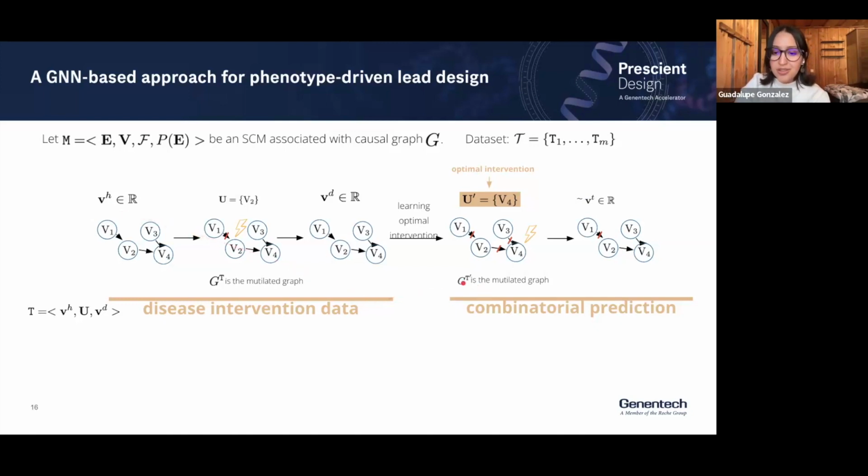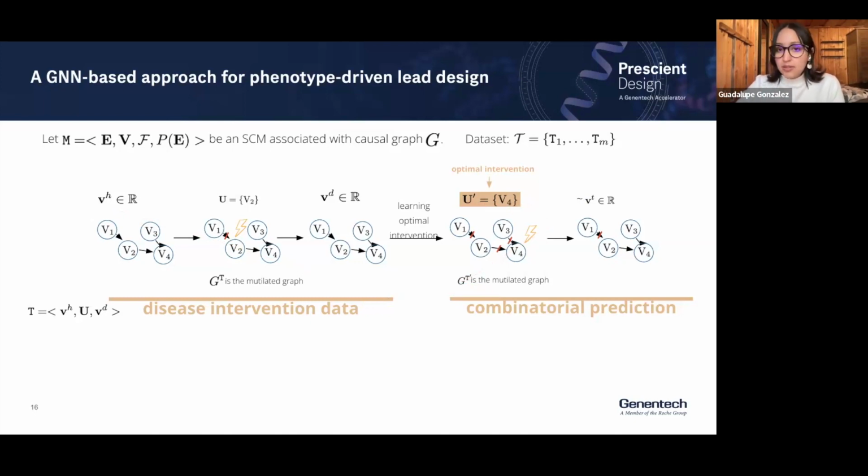And again, we note here, G superindex C prime is the treatment mutilated graph. So it would be the graph where we have mutilated, in addition to the disease mutilations, the mutilations based on the treatment intervention.